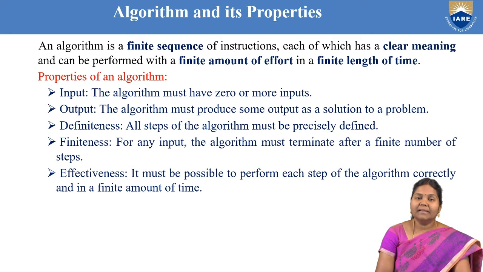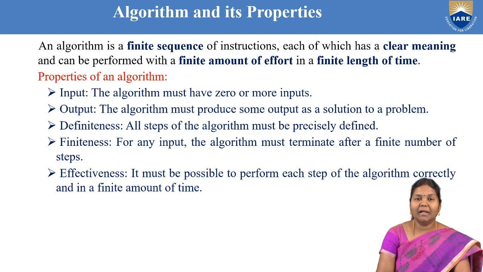Now, let us understand the properties of writing a good algorithm. The first property is input, the second is output. Input and output are the basic properties, because every algorithm must take zero or more inputs, and the algorithm must provide some output as a solution to the problem.